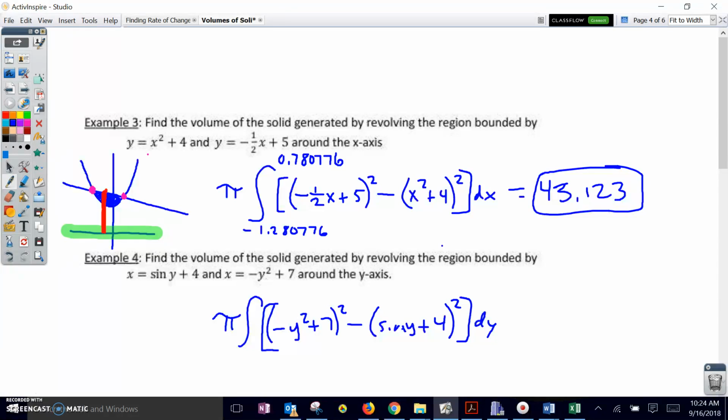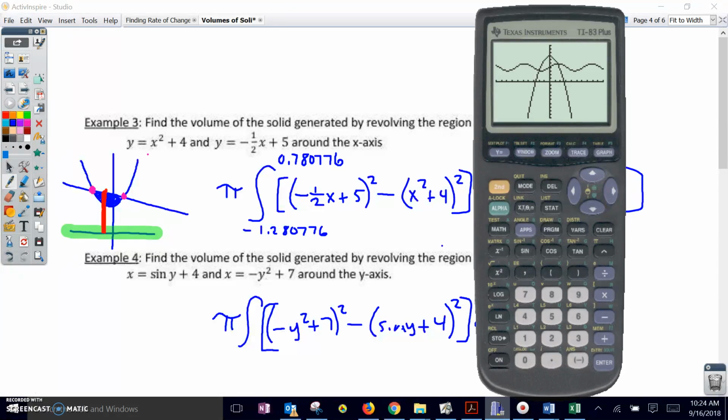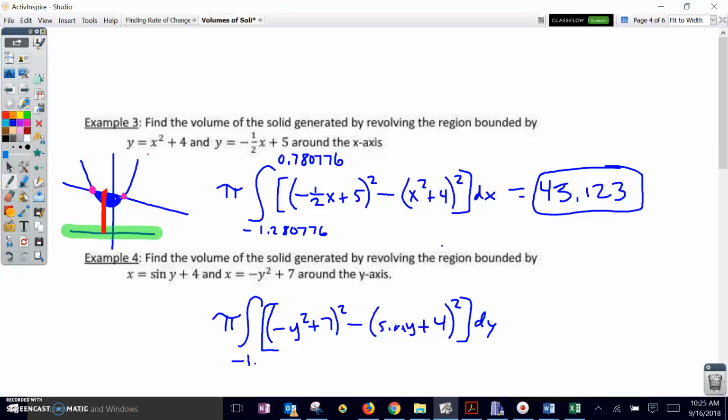And now I need my limits of integration. I calculate those by finding the intersection points. Now, normally if I had graphed this by hand, I would want the y coordinates of the intersection points as my limits of integration. But since I graphed the inverse on my calculator, I want the x coordinates. That's negative 1.97932.